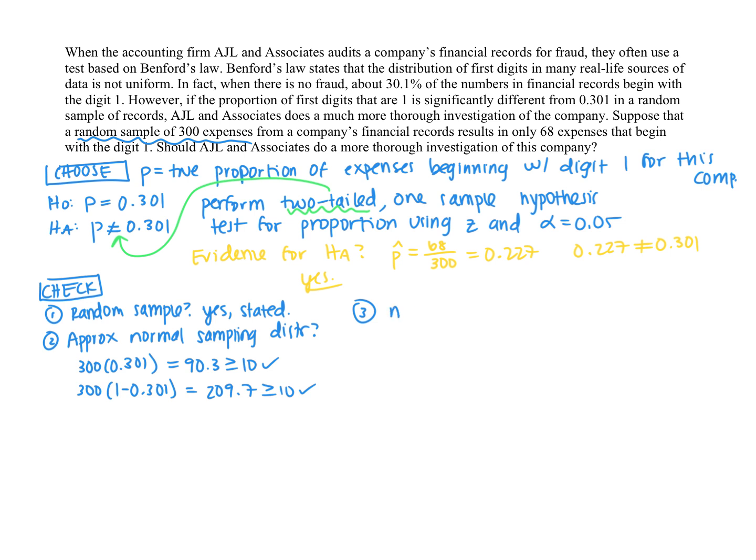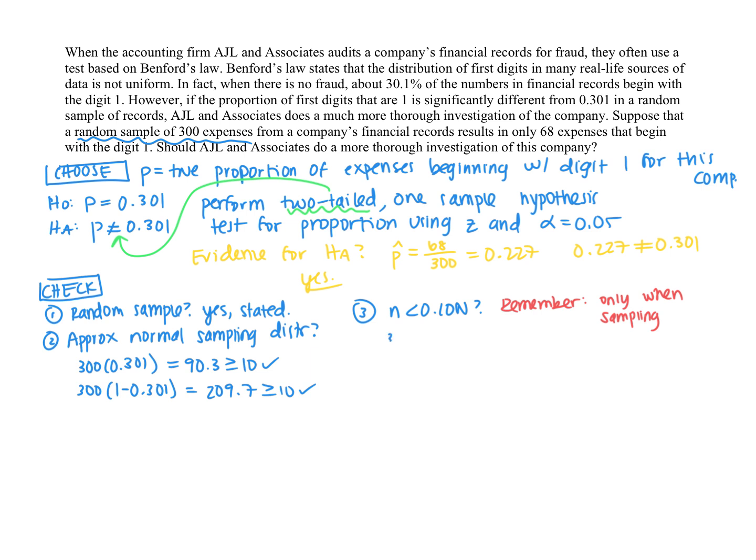And then lastly, our 10% rule. We need our sample size to be less than 10% of the population. When technically do we have to check that? Because it's not all the time. It's only when we're doing what? Only when sampling is done, which in this case we're sampling expenses from financial records, so we do need to do that.